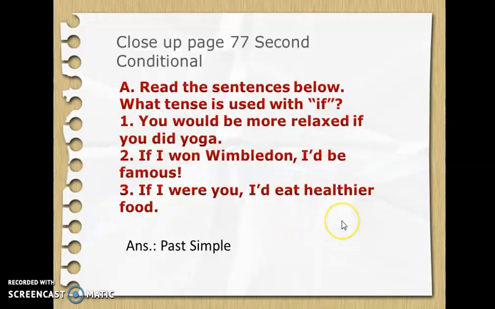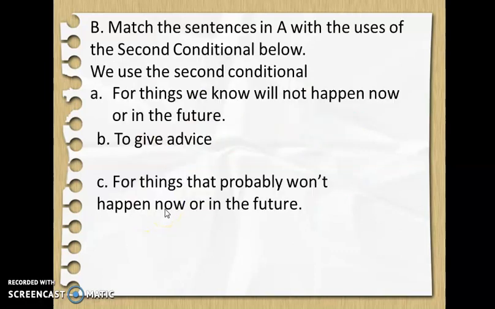Let's go back to A. Number 1. You would be more relaxed if you did yoga. 2. If I won Wimbledon, I would be famous. 3. If I were you, I would eat healthier. So these 1, 2, 3 refer to which one?